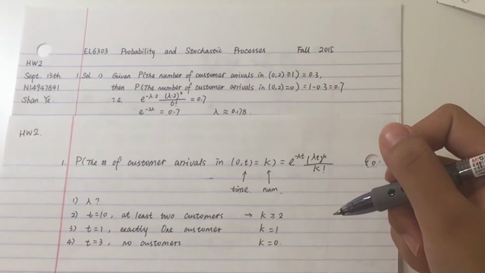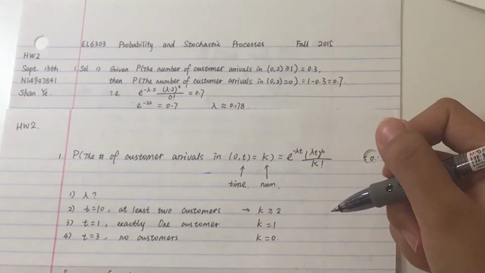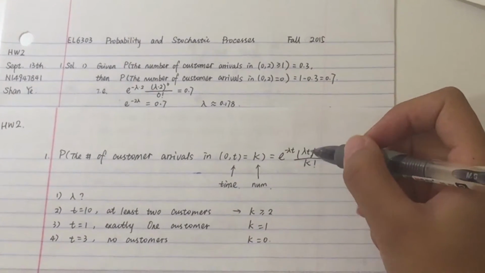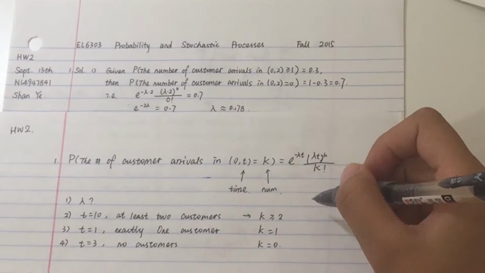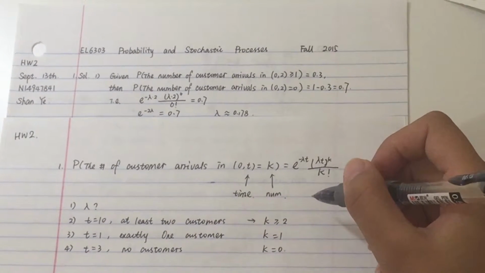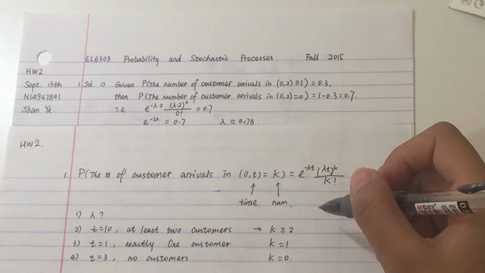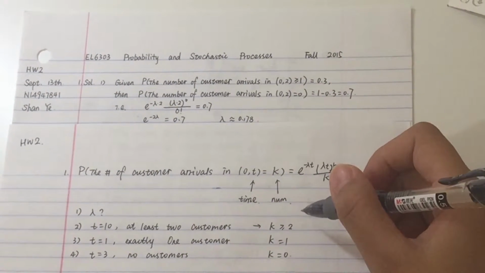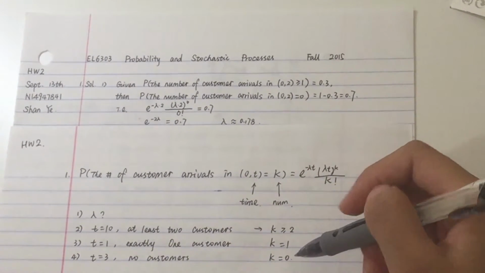The customer flow at a grocery store can be viewed as a Poisson process, and the expression is given. Suppose the probability that in 2 minutes at least one customer arrives equals 0.3. Then we solve 4 small questions.